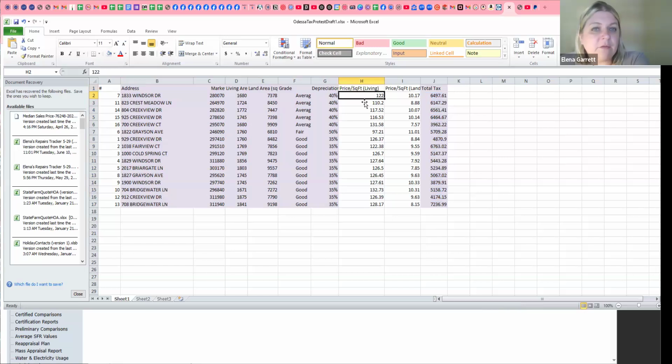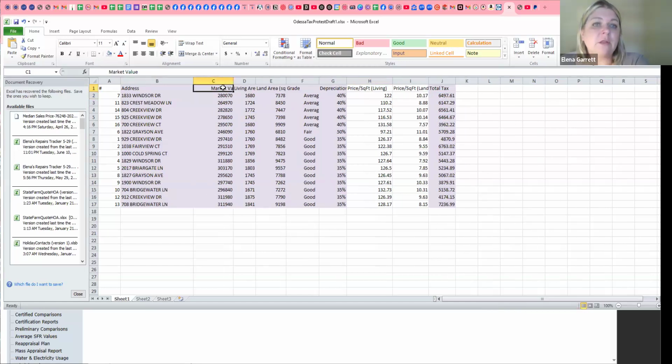So what I did is I divided their total assessment, market value of their land, market value of their house improvements, and I divided it by that number to receive this number. Okay. So now we know price per square foot for their improvements, and then price per square foot for their land.